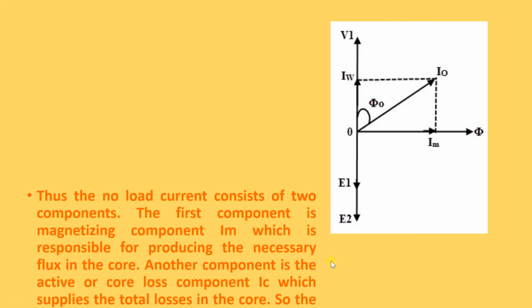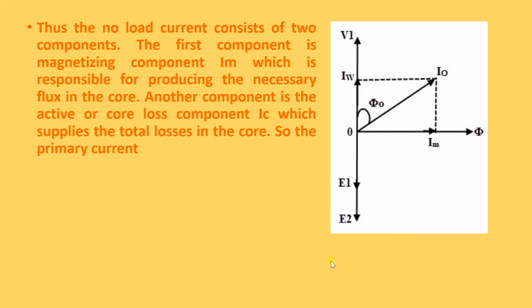This is the phasor diagram when we have no load. Thus the no load current consists of two components. To recap the phasor diagram: this is our no load current I0, and it has two components. One is the magnetizing component and the other is the active component.